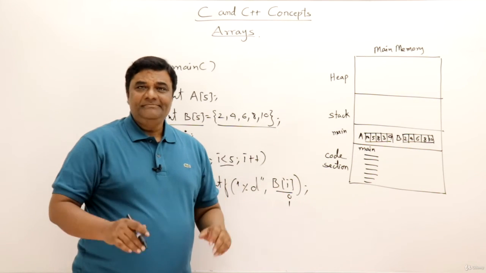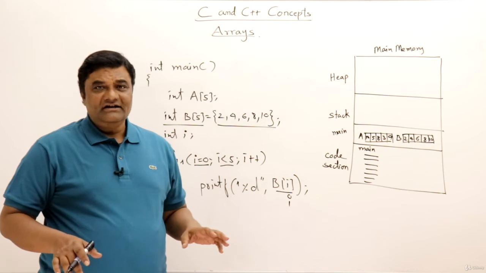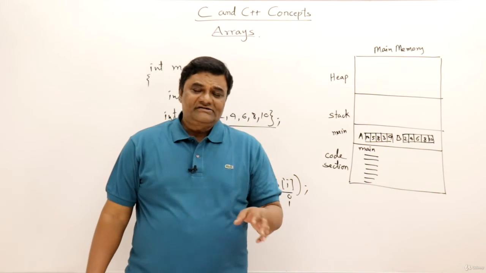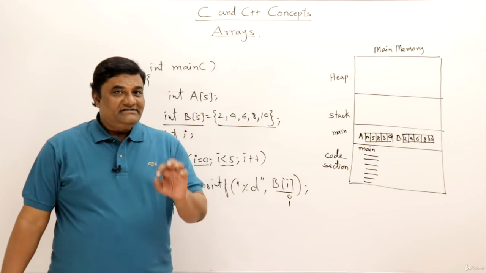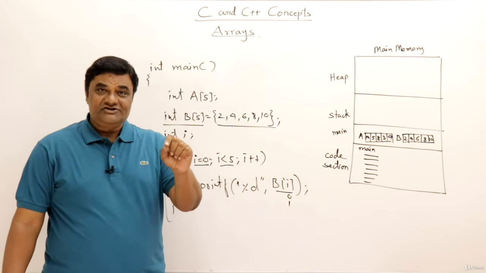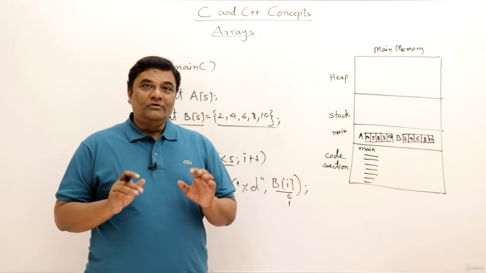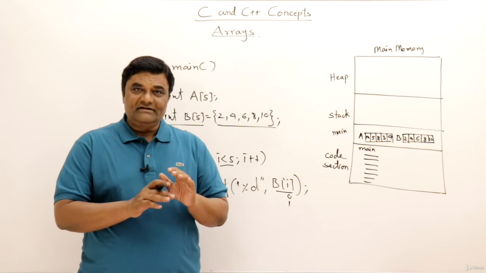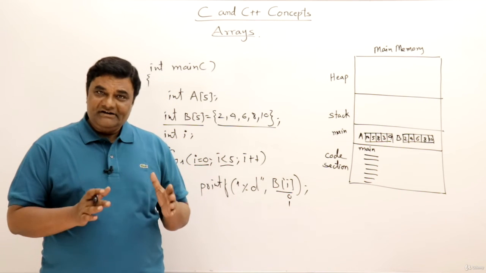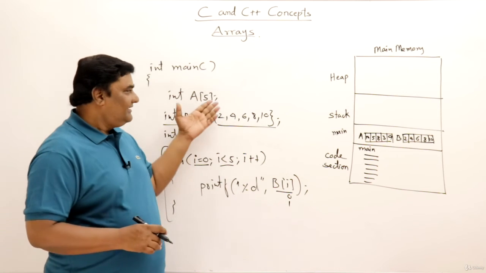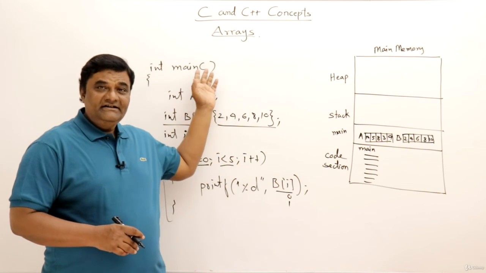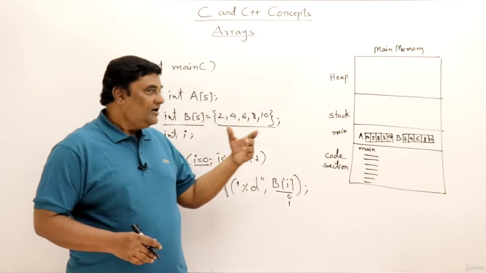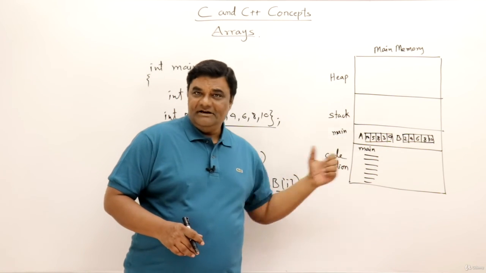So that's it. This is sufficient because we have a very big topic called arrays. We are going to learn lots and lots of things about arrays. Just as an introduction, as a revision, I have done it. The points that I have discussed, let me put them together. I have explained what an array means and how to declare and initialize it, and when it is declared inside a function, where it will appear inside the main memory.